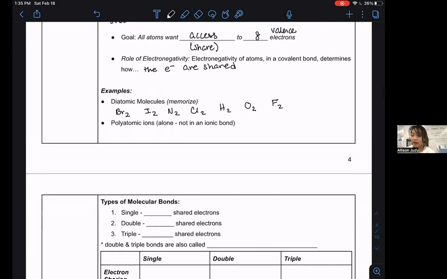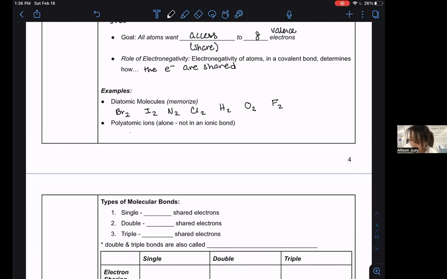We have actually already talked about molecular, or covalently bonded molecules, by looking at polyatomics when they're alone and not in an ionic bond. Remember how we said they're a group of bonded atoms that together carry a charge? Well, as long as a group of covalently bonded atoms are not in a bond when they're standalone, they're an example of a covalent molecule.